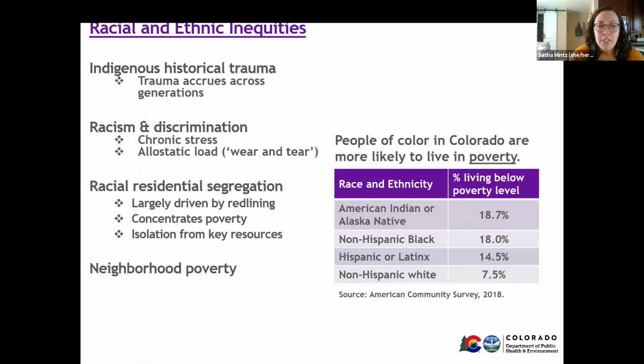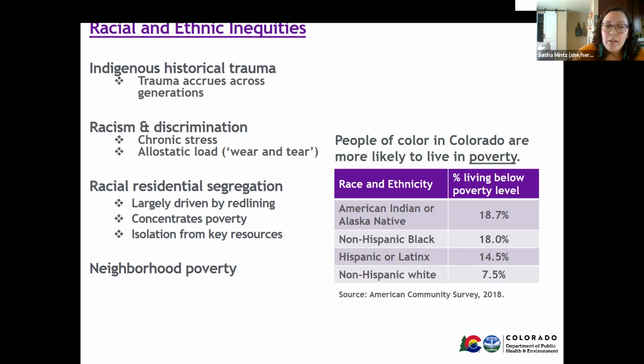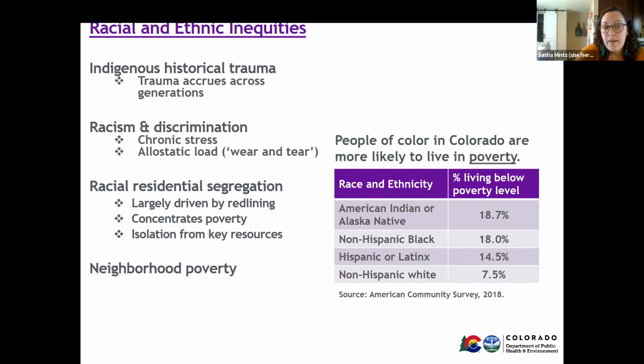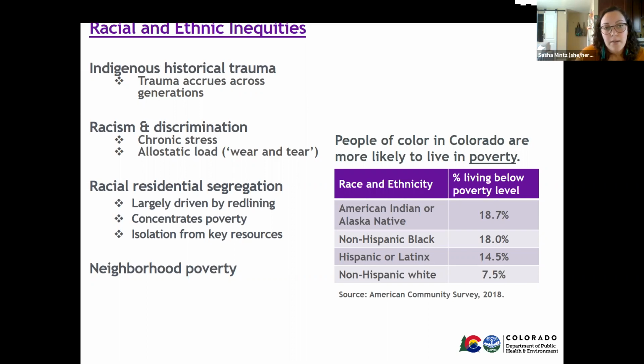As I also mentioned, racial segregation concentrates poverty in certain areas and isolates residents from key resources. Families of color inequitably and systematically experience poverty in the United States, an established risk factor for outcomes like child maltreatment, infant mortality, and suicide.